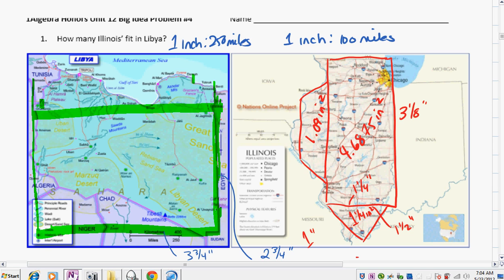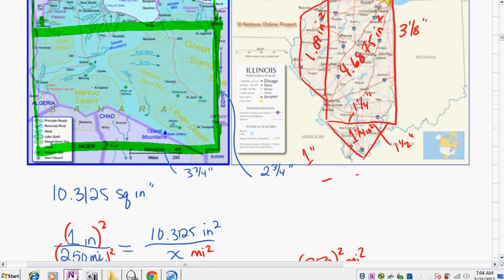So I add that all up, and I get, let's see, 4.6875 plus 1.25, 7.03. So this is 7.03125 square inches. How many square miles is that, if I know that 1 square inch is 62,500 square miles?